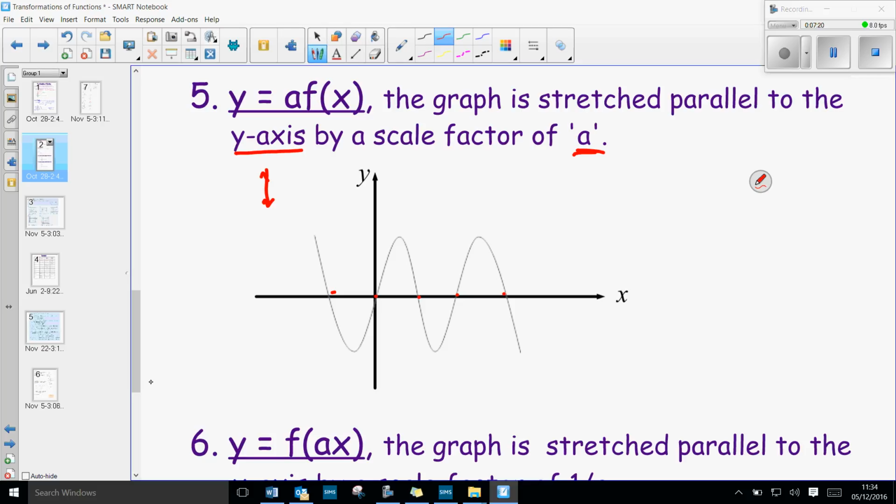So, for example, I may have a graph that looks like this.